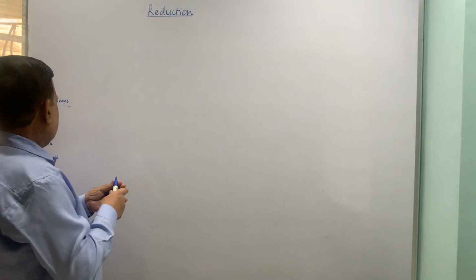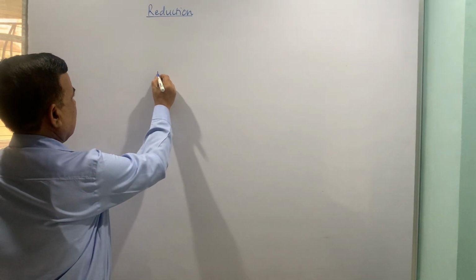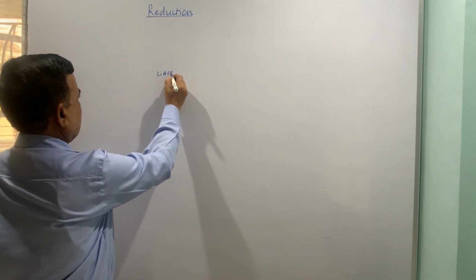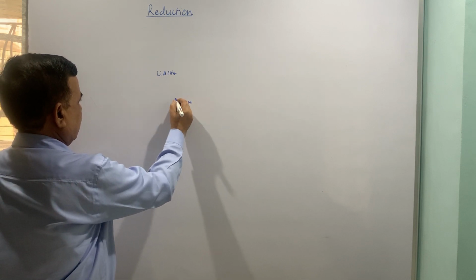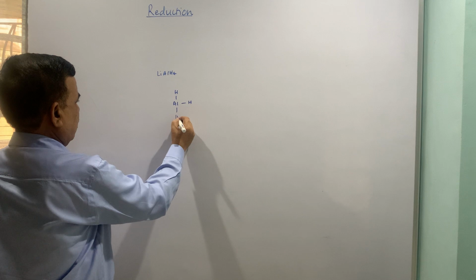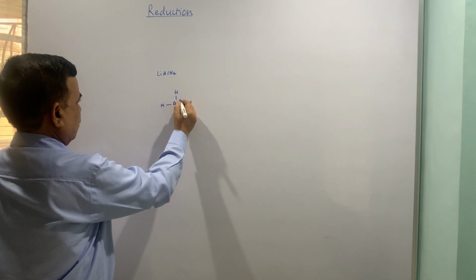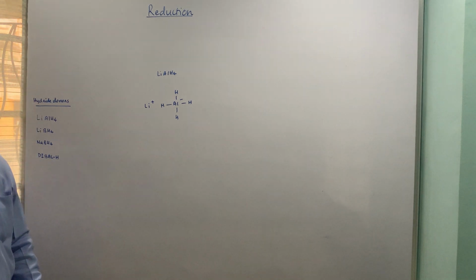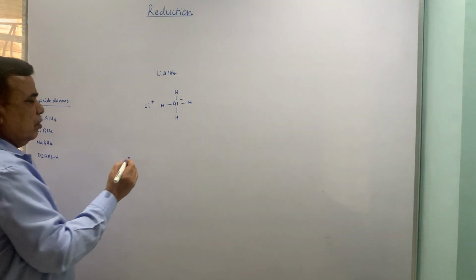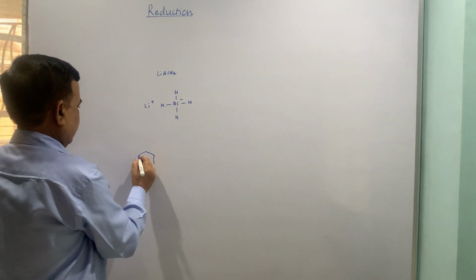So first of all, the reagent lithium aluminum hydride. Now aluminum has got 4 hydrogens bonded to it, so the charge is negative and it is balanced with lithium.